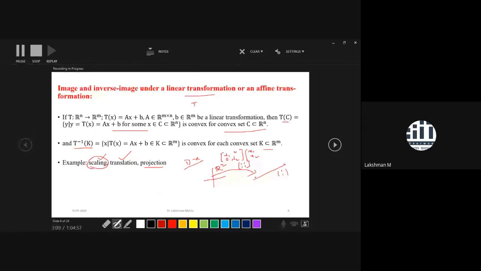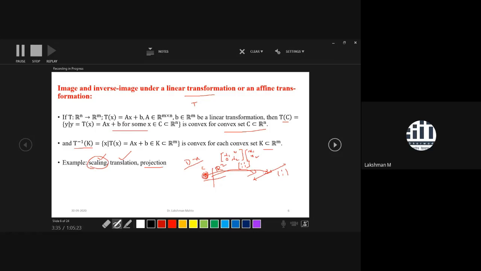That means if you take any convex set here, C, and project it, you will get a line segment. That line segment is again convex. You know that a line segment always happens to be convex. So if you take a convex set under this projection operator, the image of the convex set is again a convex set.